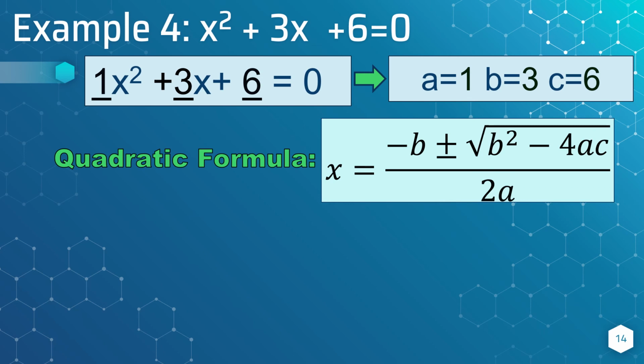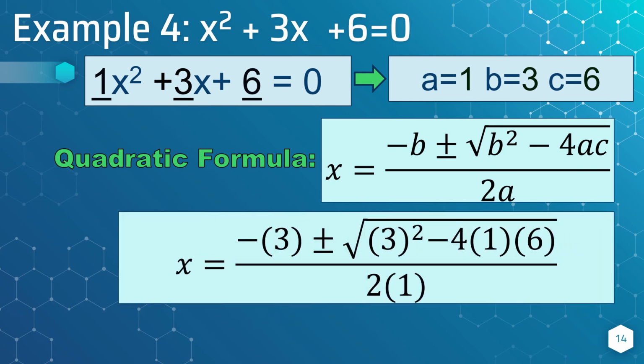Now, let us substitute. We will use 3 for b, 1 for a, 6 for c. So we have here negative 3 plus minus square root of 3 squared minus 4 times 1 times 6 all over 2 times 1.